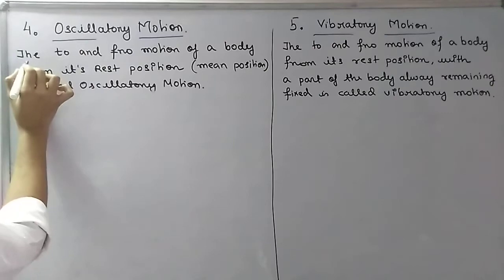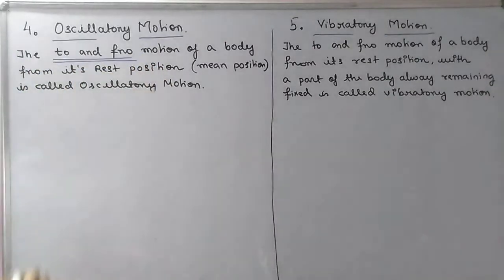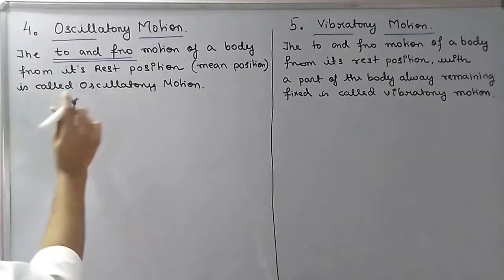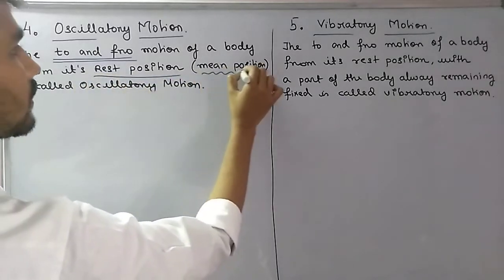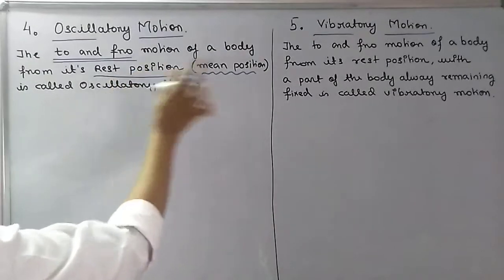The to and fro, this word is very important. The to and fro motion of a body from its rest position or mean position. You can either call it a rest position or mean position.